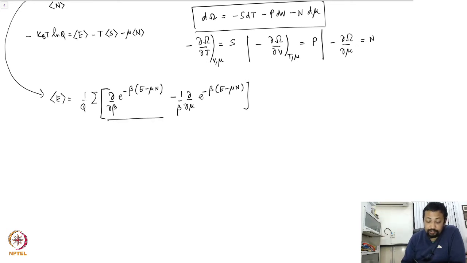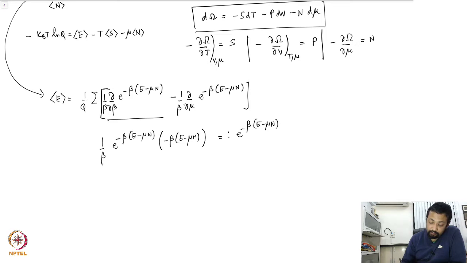If I do this, then this gives me e to the power minus beta (E minus mu n) times minus beta (E minus mu n). So first of all, this has to be divided by beta, right? So 1 by beta of this is going to be e to the power minus beta (E minus mu n) times E, minus e, plus mu over beta.